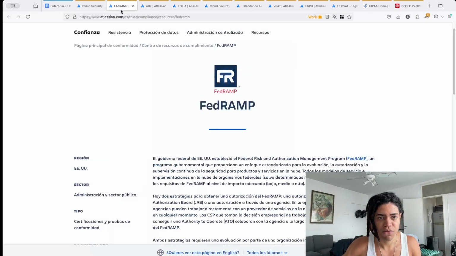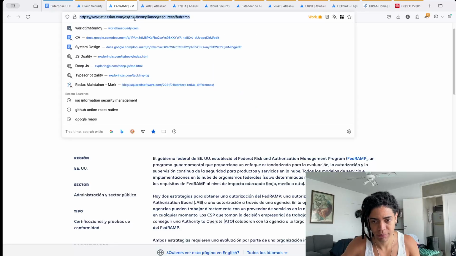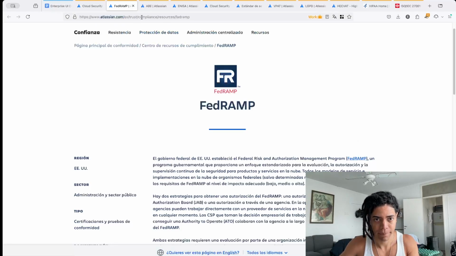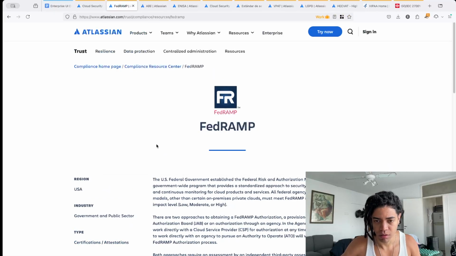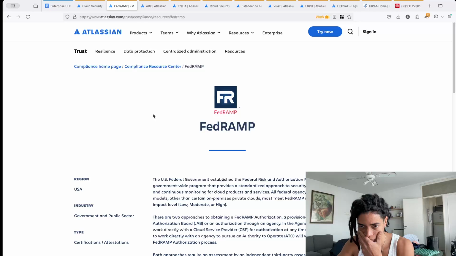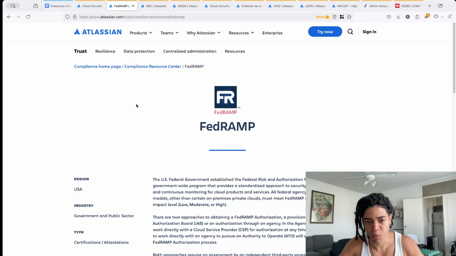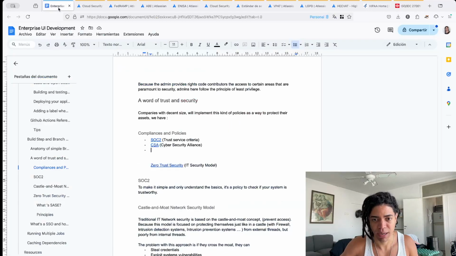Okay, FedRAMP. This is from the US. A government-wide program that provides a standardized approach to security and risk assessment, authorization, and continuous monitoring for cloud products.